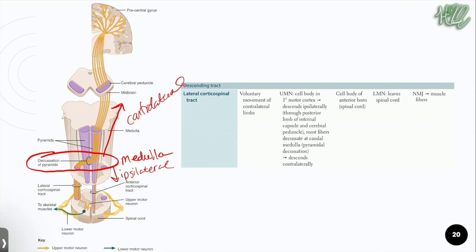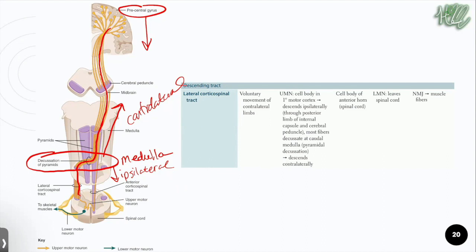So this is our descending tract, right? That means that we are starting from the top and we are going down because it's descending. So we think about the movement. Our body initiates the movement. The movement's going to travel through here, go through our midbrain, go through our pons, go into the pyramids of the medulla, cross over at the pyramids, go through the white matter tracts of the spinal cord to wherever it is that we need to act at, whether that's the arms, the legs, whatever needs a motor response.